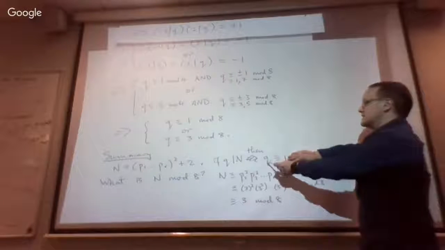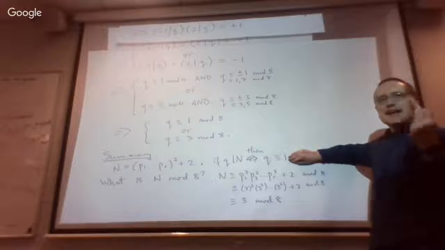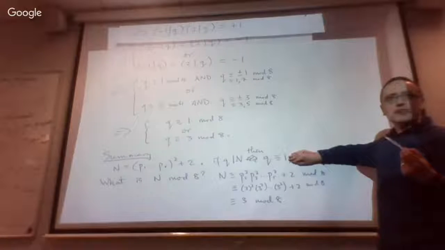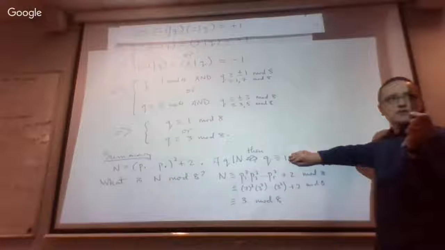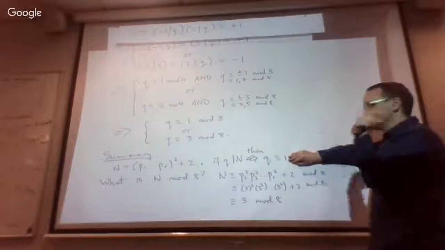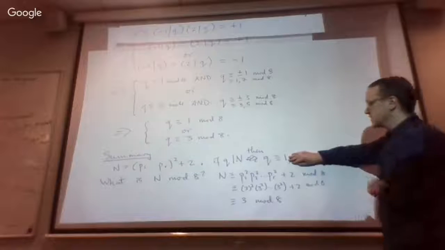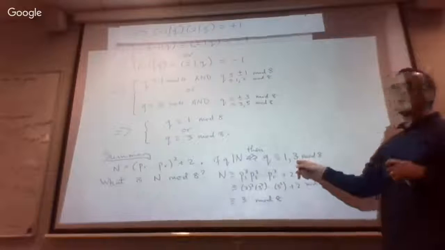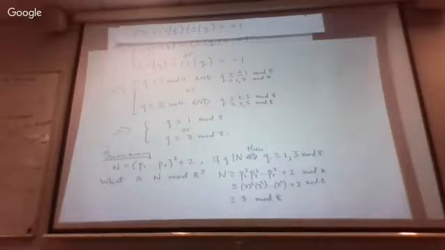So if it was only the case that prime factors of n were congruent to 1, then n would be congruent to 1 mod 8. Because an integer is the product of its prime factors. So if all the prime factors of n were congruent to 1 mod 8, so would n be. But by construction, n is congruent to 3 mod 8. So there must be some prime factors congruent to 3 mod 8.